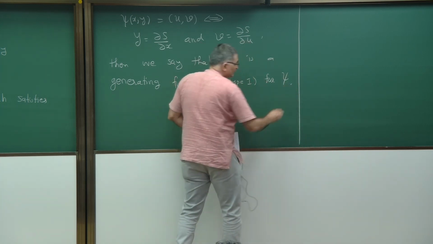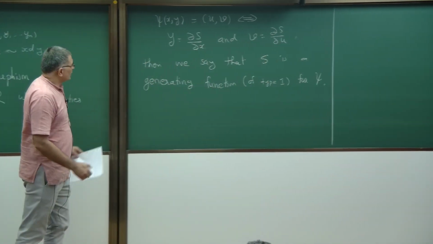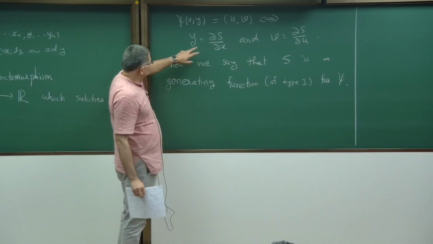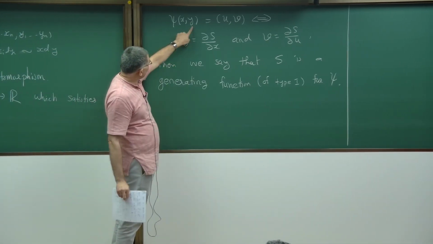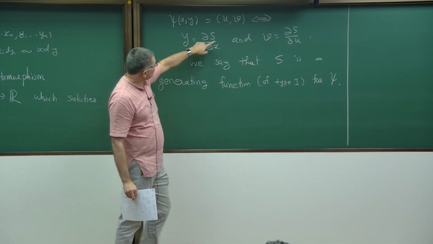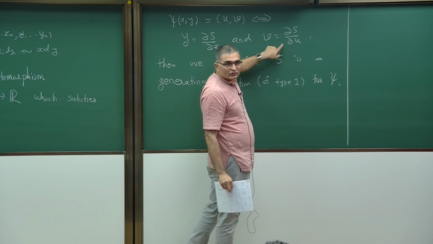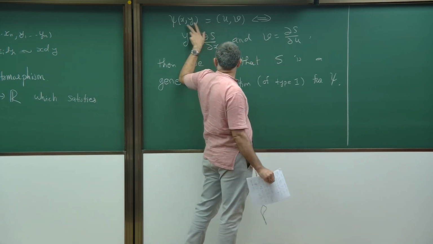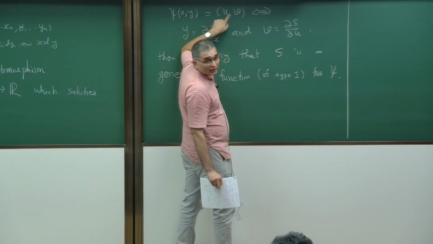We say this is a generating function if the y coordinate comes from the x partial derivative of S and v comes from the u partial derivative; so v is v of (x, y), and psi of (x, y) is (u(x, y), v(x, y)).